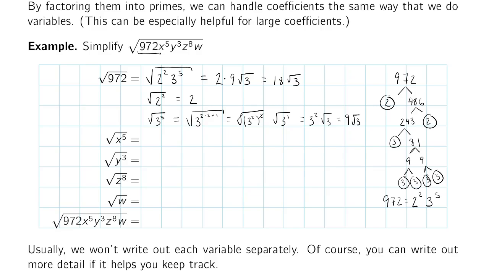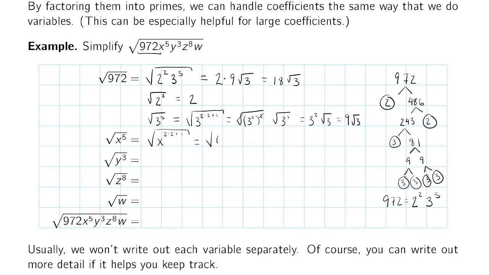For the variables, obviously we'll treat the variables like variables. We have square root of x to the fifth. So 5 is still 2 times 2 plus 1. So we've got x to the 2 times 2 plus 1.